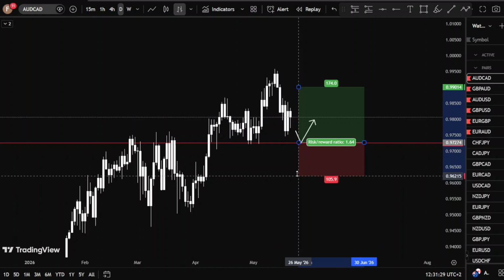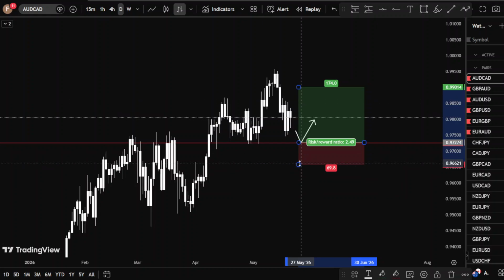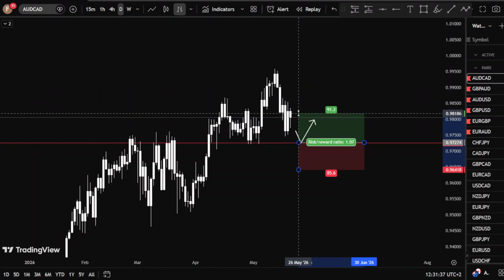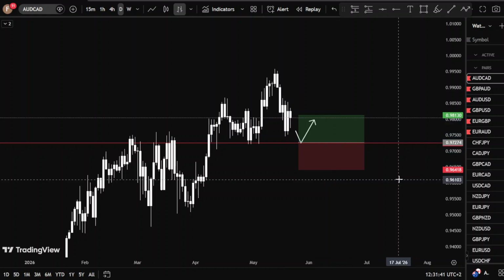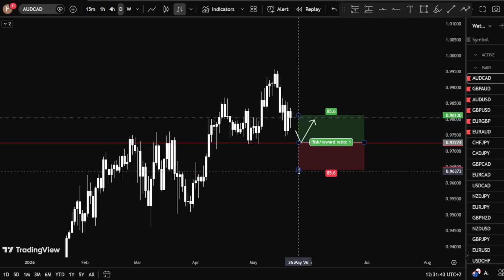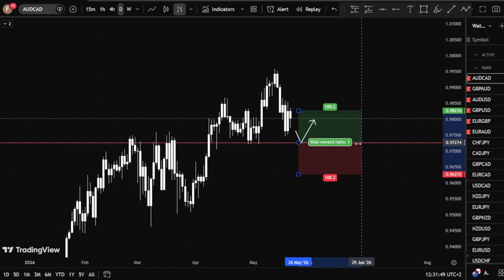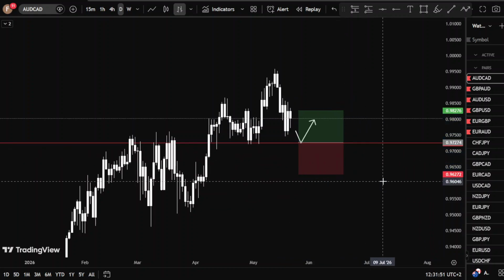That's what I do with all of my setups. Give it some space. Go for a 1-to-1, something like this. Maybe a little bit more. So that's literally it.